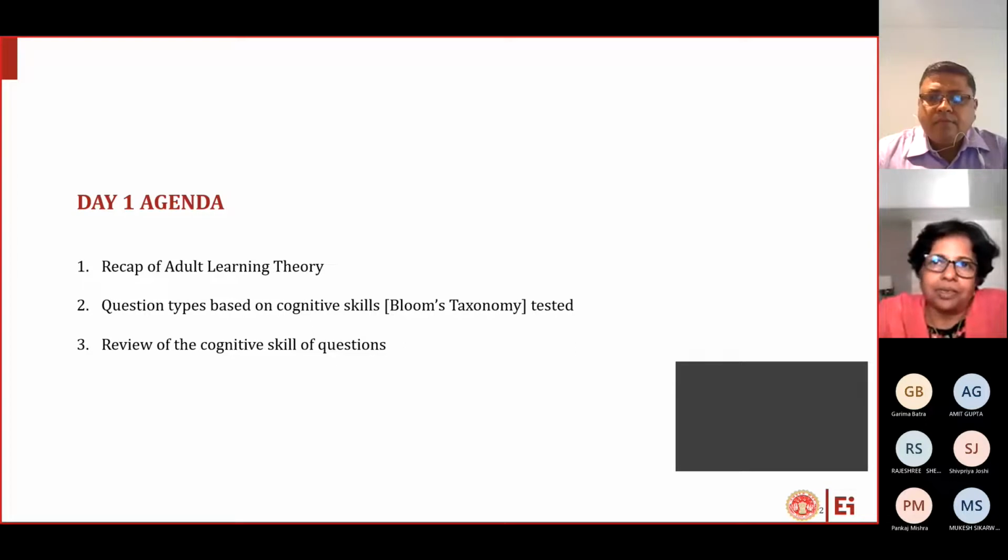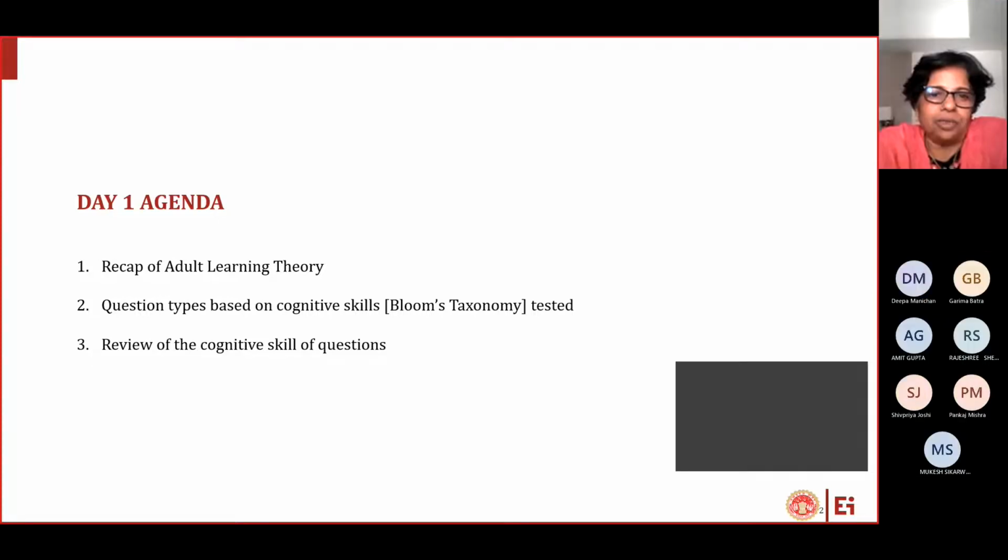I know we might have gone through Bloom's taxonomy a couple of times before, but in order for all of us to have a very common understanding of it, we will do this session with a lot of hands-on practice of identifying the cognitive skill and how to use Bloom's taxonomy, to be absolutely sure that you understand what it is.